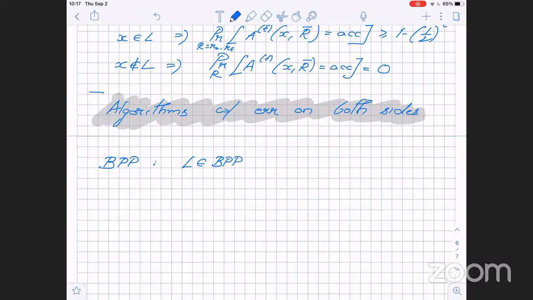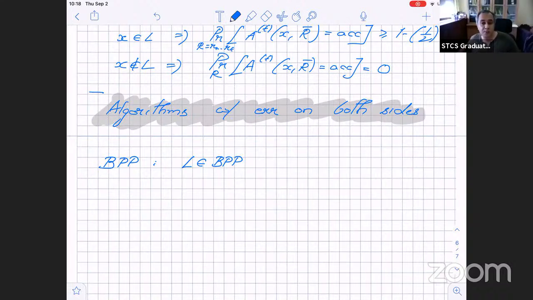Why is there a separation between RP and co-RP? It seems very symmetric, right? So for example, polynomial identity testing. Let's look at that algorithm. I gave you two polynomials in some circuit form, and I wanted to check if they were equivalent or not.